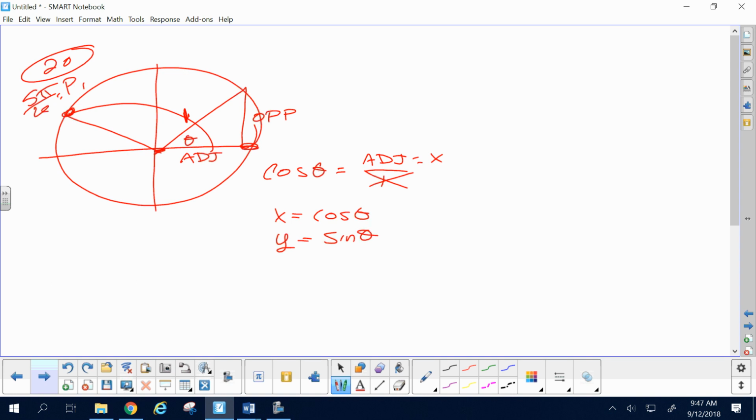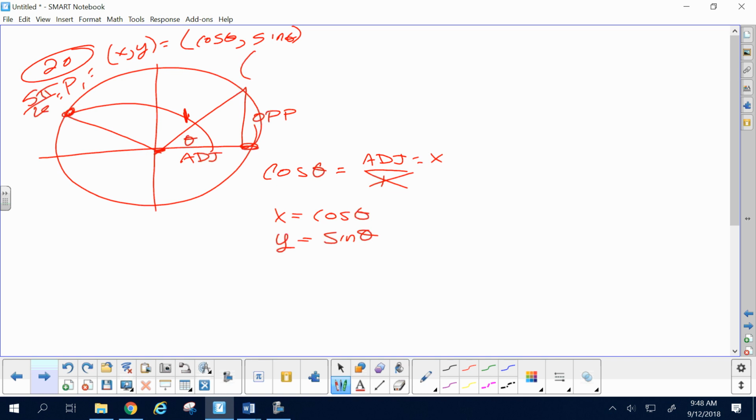So when they say what's the point on the unit circle, they are asking for the x and the y, and the x is the adjacent side, so cosine, and the y is the opposite side, so sine. So point 1 is merely saying what's the sine or the cosine of 5 pi over 6. What's the cosine of 5 pi over 6?